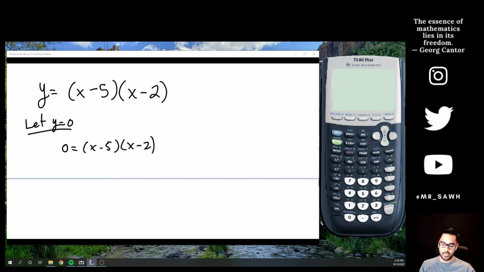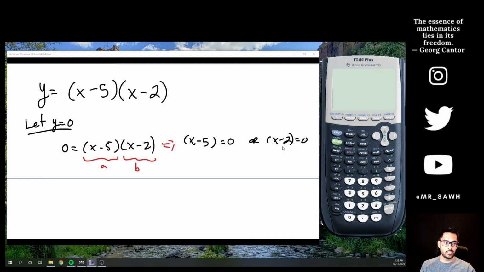Now think about this as being the same format as a times b. Again, one of them has to be 0. Both could be, but at least one of them should be. What you can do in a situation like this is take each of those factors, x minus 5, make it equal to 0, or x minus 2 has to be 0. Again, we said at least one of them has to be.